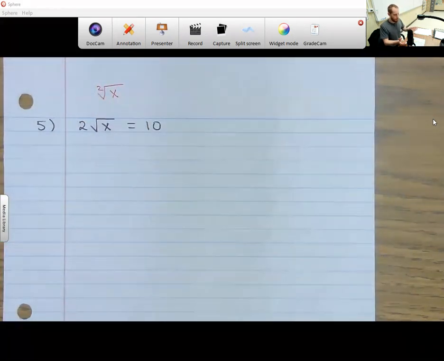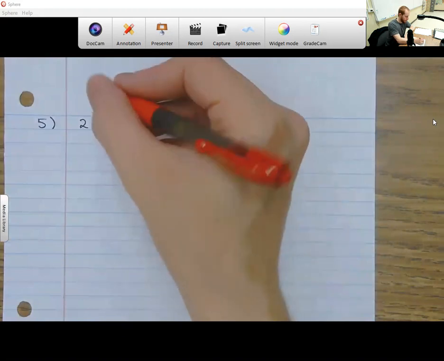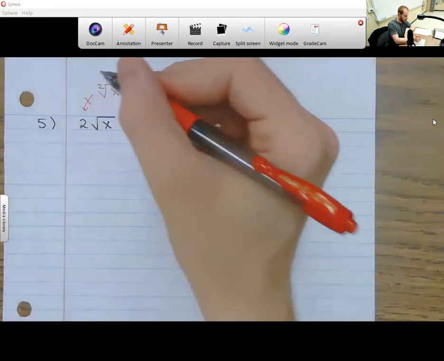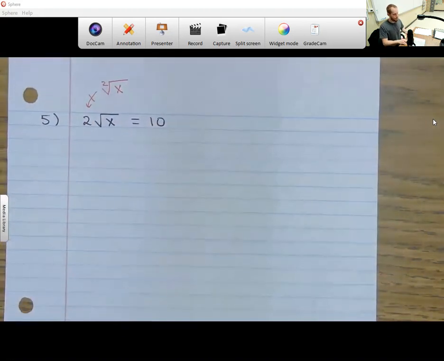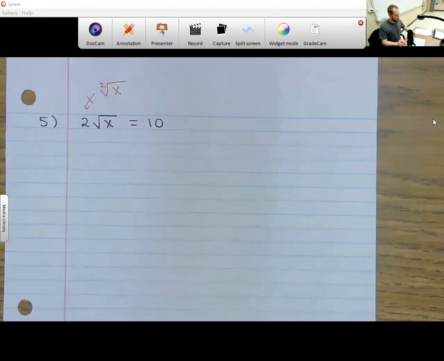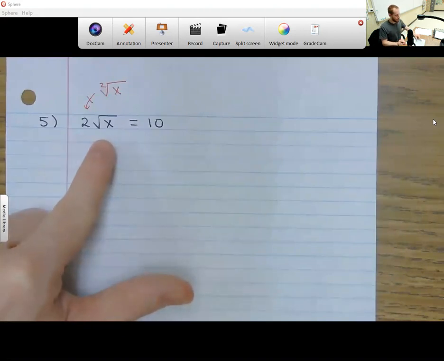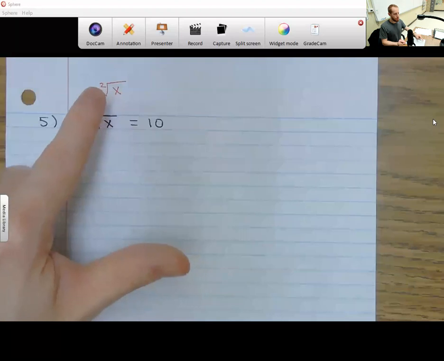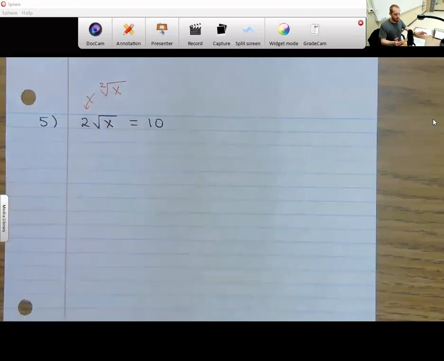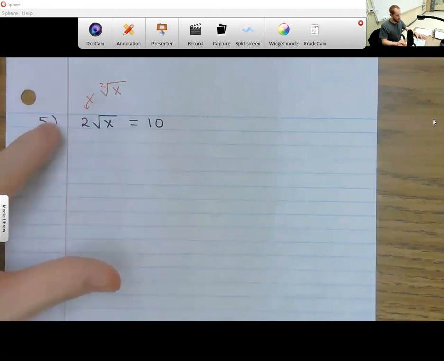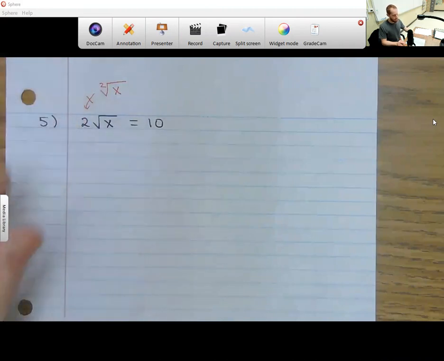This is a square root, right? All square roots have an index of 2, right? This is not the same thing as this. Not the same thing. Because this 2 is multiplying. But this 2 up here, this 2 serves as an index, right? That's the difference between this and this, okay?